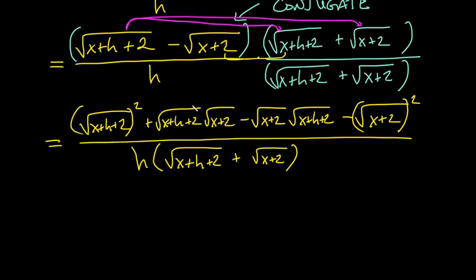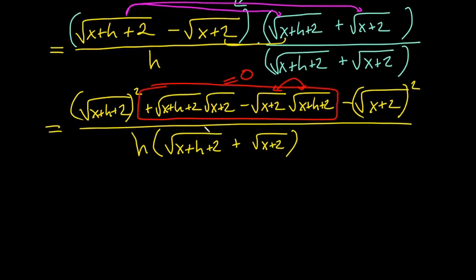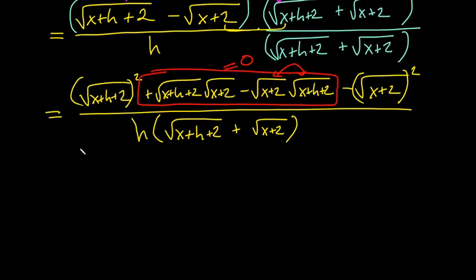But if you look carefully at these middle two terms here, you'll see that they're exactly the same. Just switch the order here. 2 times 3, 3 times 2, same thing. So all this adds up to 0. It's just the same thing minus itself. 7 minus 7 is 0. Okay, and because we're squaring the square roots, the first term is just x plus h plus 2.